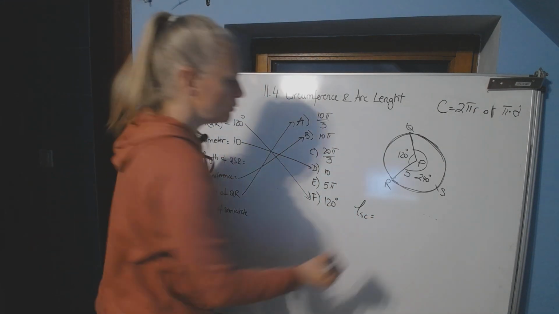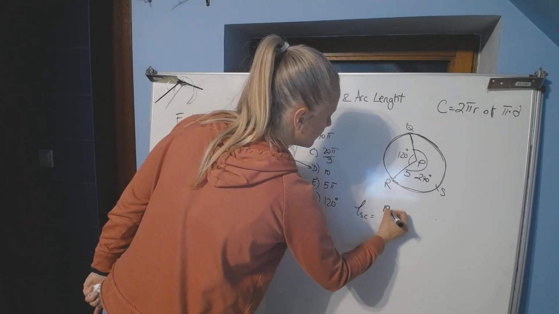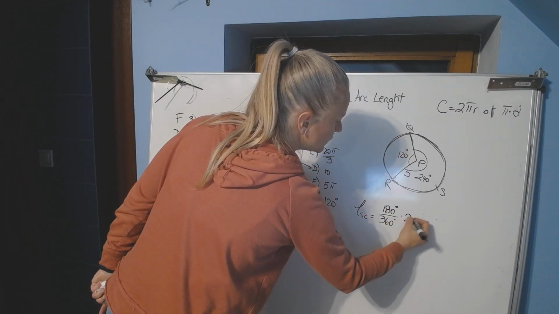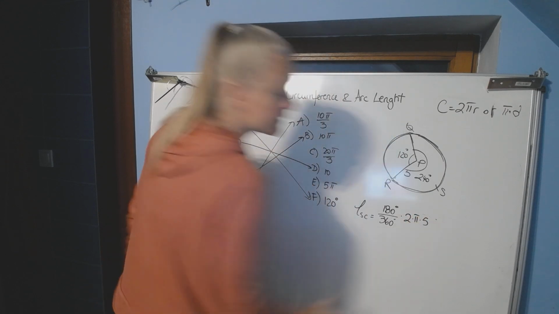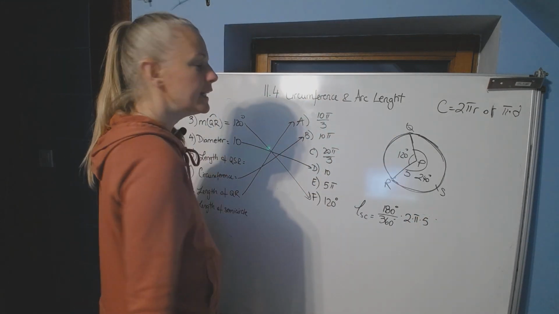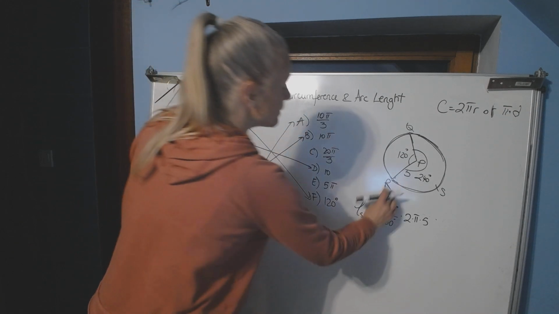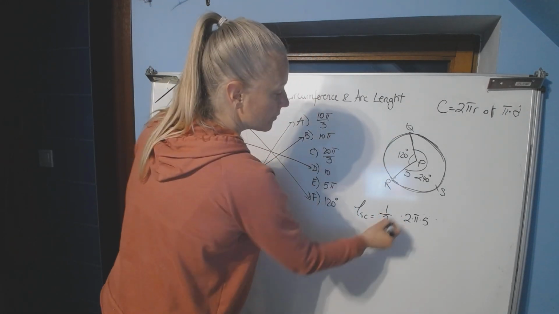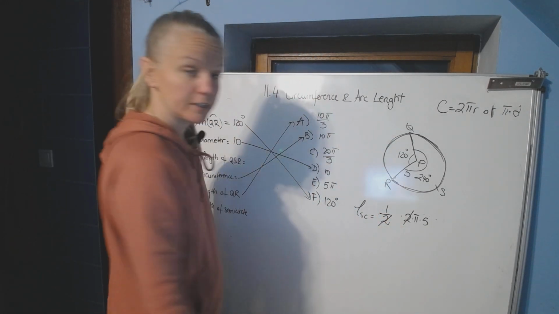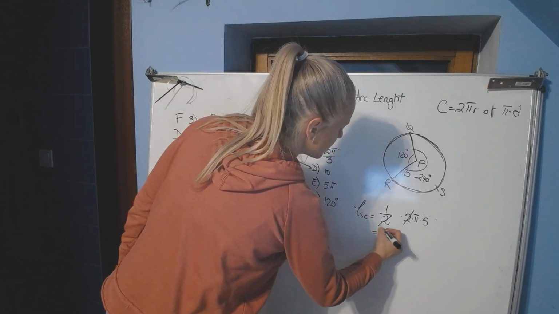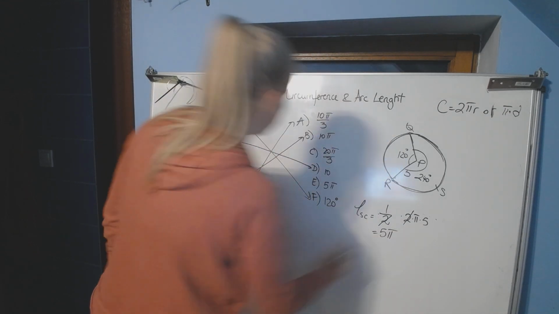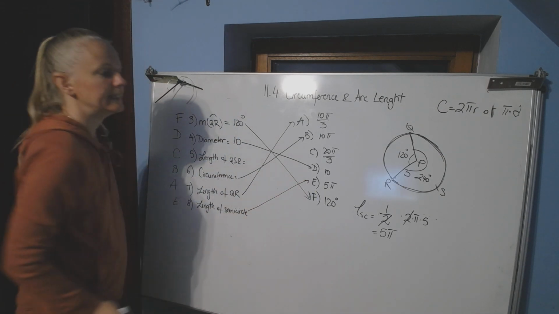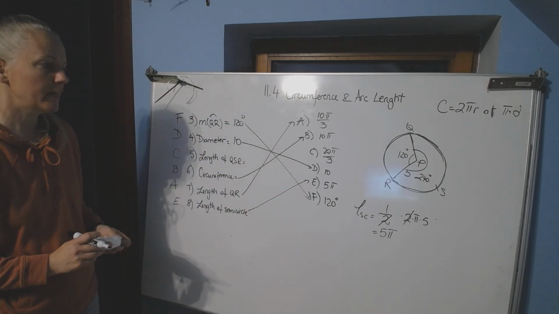How much is that? 180, divided by 360 times 2 times pi times 5, because that's my radius, right? 180 over 360 gives me 1/2. This 2 goes away with that 2. We can get rid of it. The length of a semicircle in our case is going to be 5 pi, which is great because this is exactly what E is. So this is how they worked.